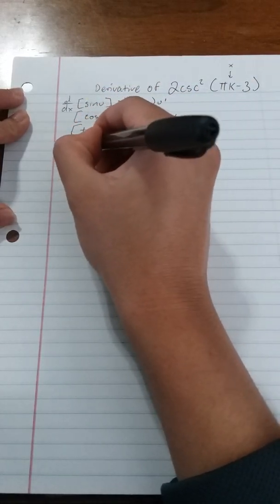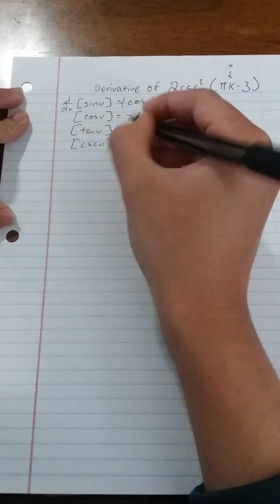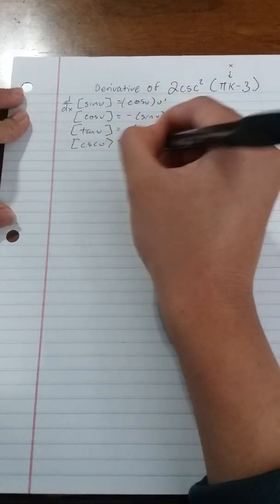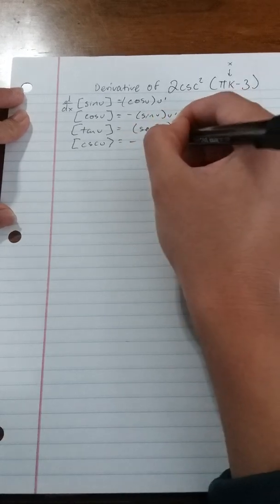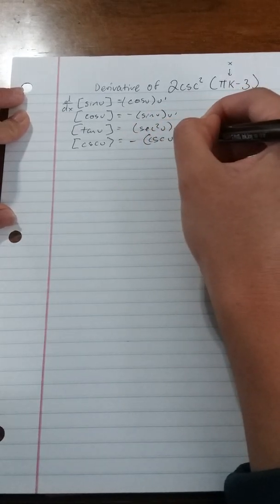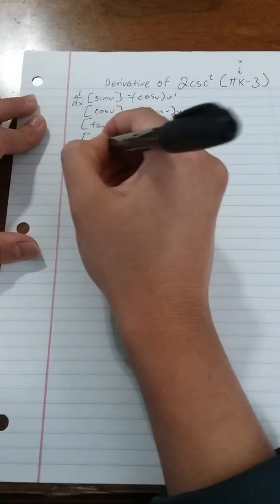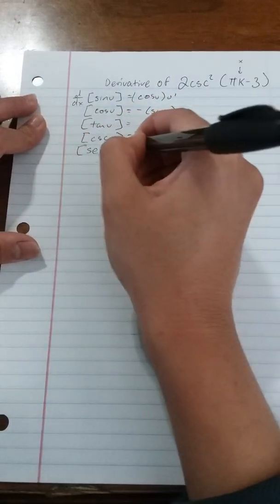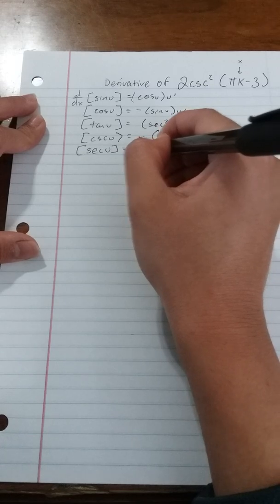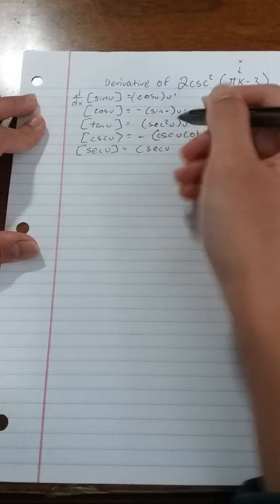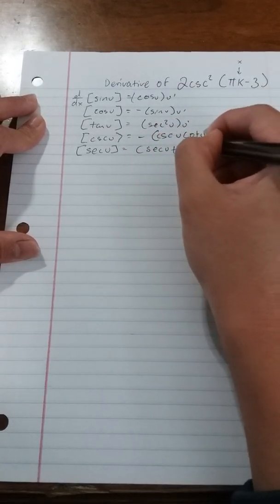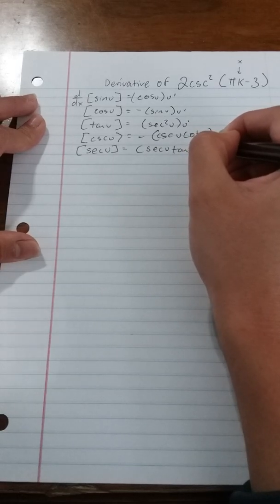Now we have csc u. This is the one we're going to be using. So the derivative is negative csc u cot u times u prime. We also have sec u, equal to sec u tan u times u prime.